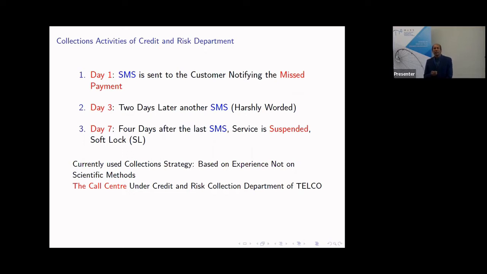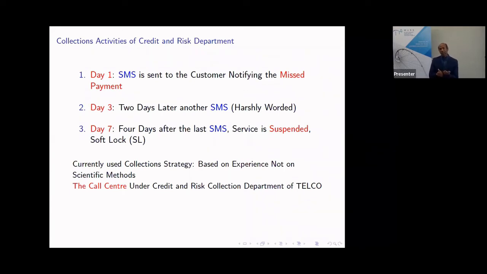When they soft lock, many people will come and make payment and call the call center and so on. So again, the collection actions they're doing are on day 1, day 3, and day 7.